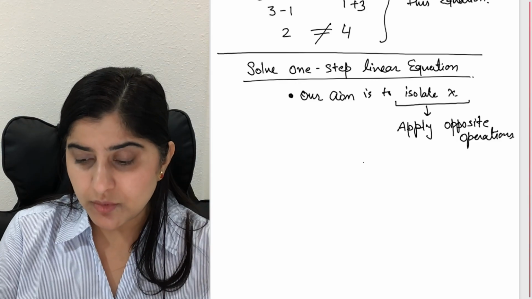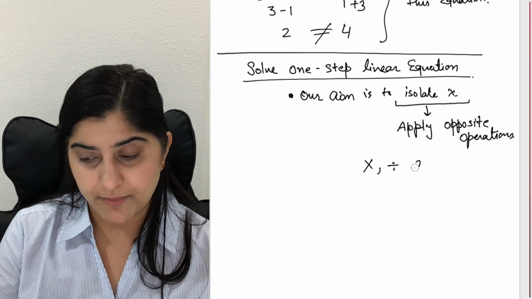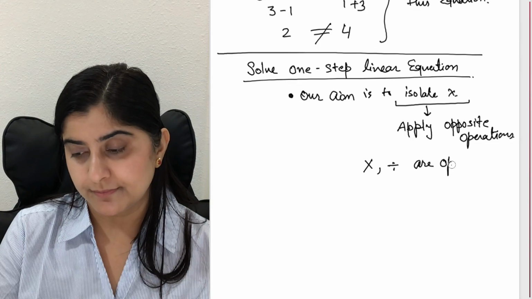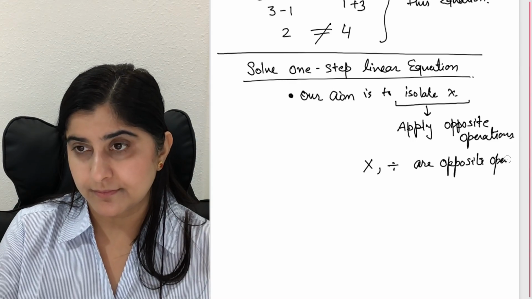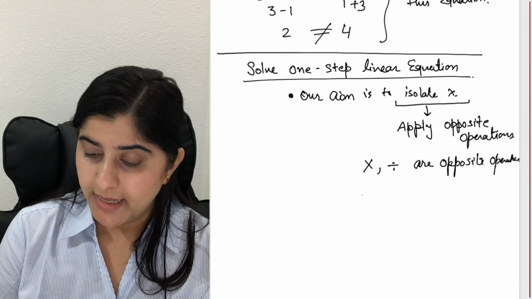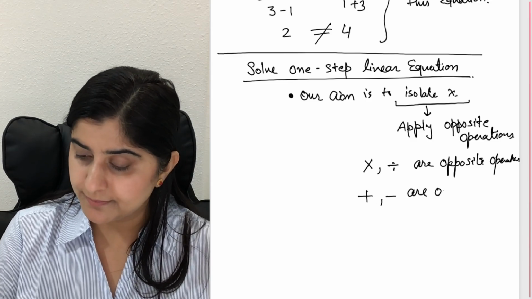So what are the opposite operations? Multiplication and division are opposite operations. And plus and minus are opposite operations.